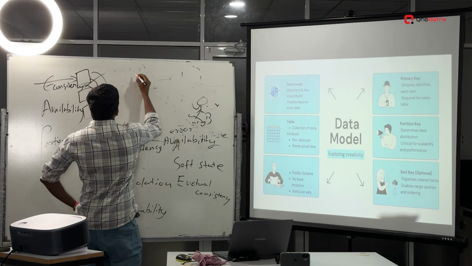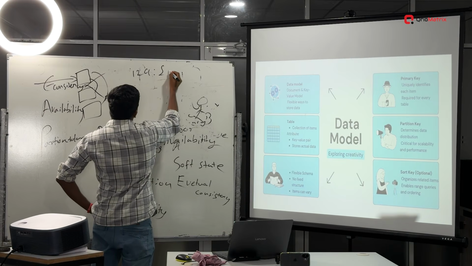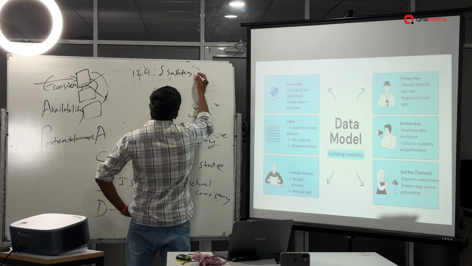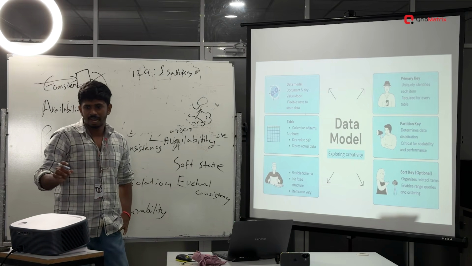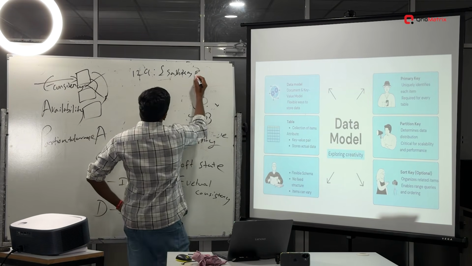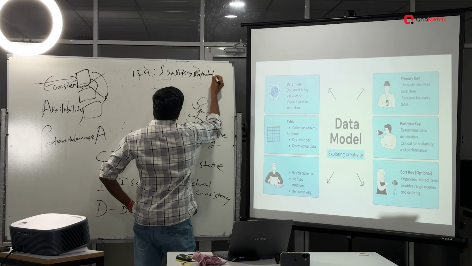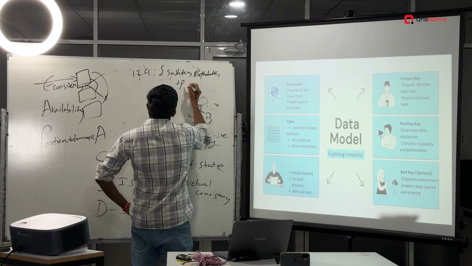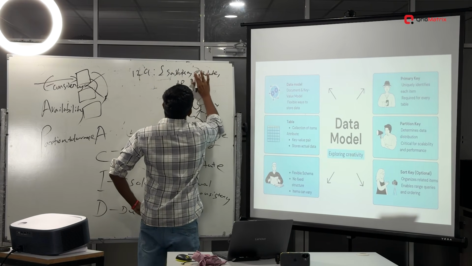You will have the user ID like 129, and also values like name, maybe my name Shashika, and maybe age. Oh no, we do not store age, right? Because it's a derived attribute. We do not store that kind of attribute in a database, right? So this needs to be birth date. Birth date. And also maybe telephone number. Sorry, so this should be value, right? Mistake.